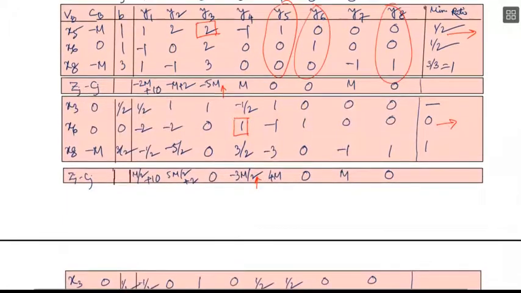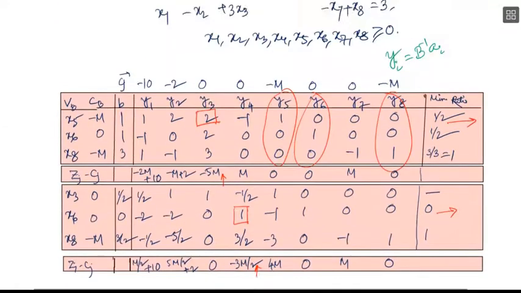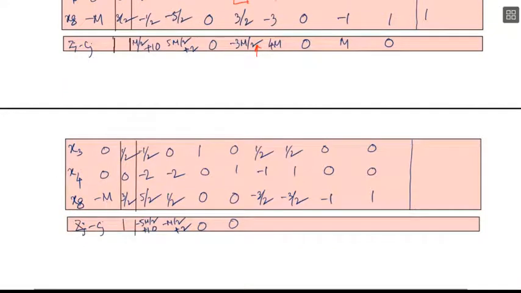It will be minus M by 2 plus 2, minus M by 2 plus 2. It will be 0. It will be 0. It will be 3M by 2.